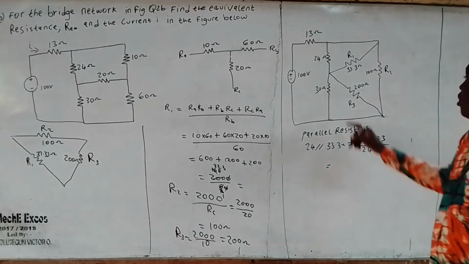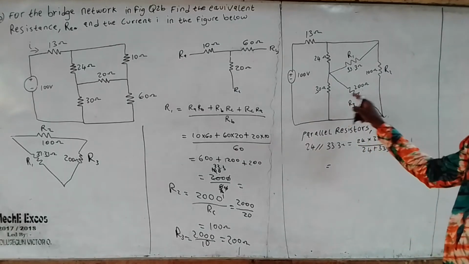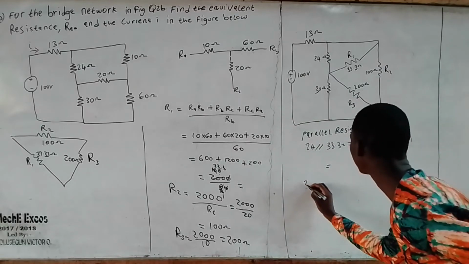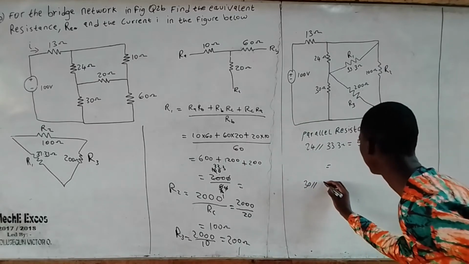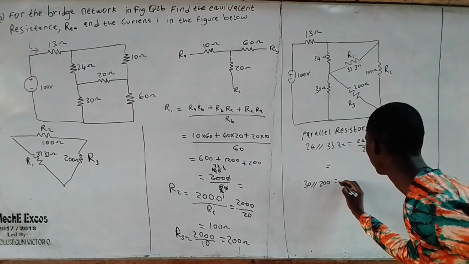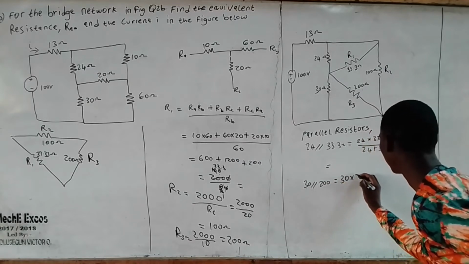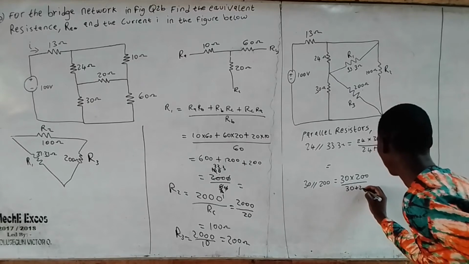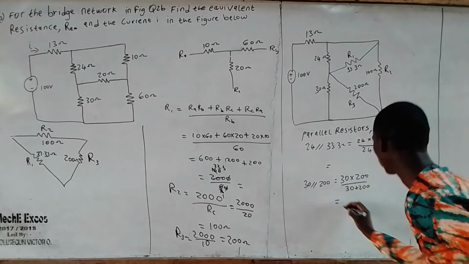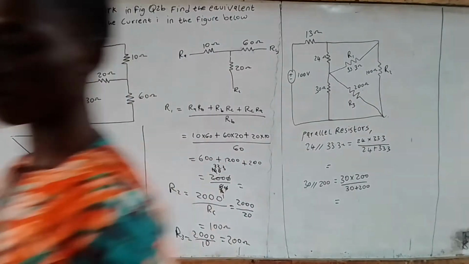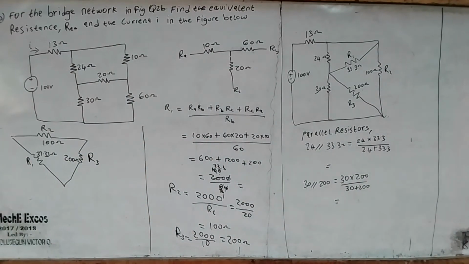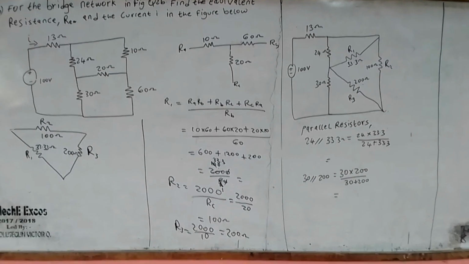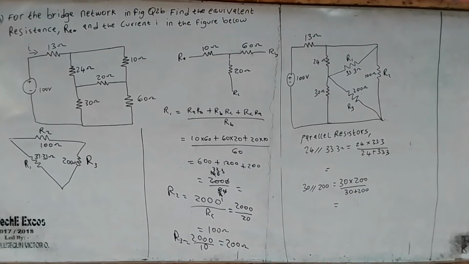We have the answer. This also is in parallel. We have that to be 30 parallel 200. 30 times 200 divided by 30 plus 200. That will give us what? Solve it. I'll give you 1 minute for that. Solve it now.